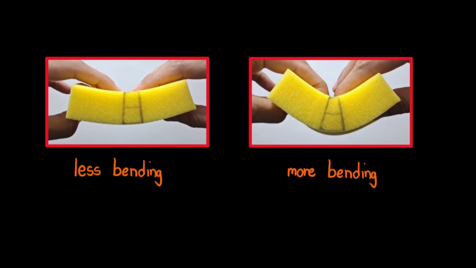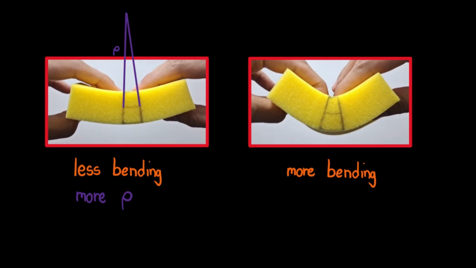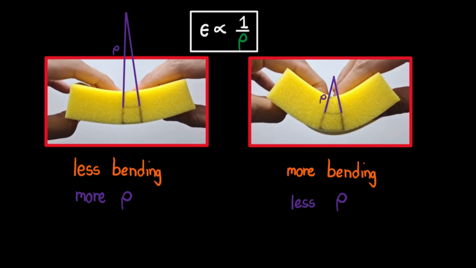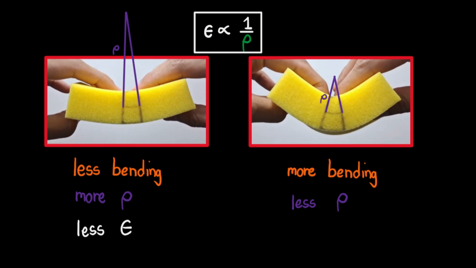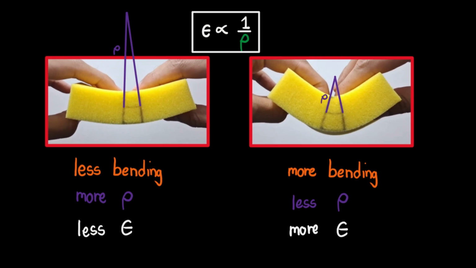Less bending results in a larger rho, while more bending results in a smaller rho. Because epsilon is inversely related to rho, the less you bend the sponge, the less strain the fibers feel. And the more you bend it, the more strained they become.